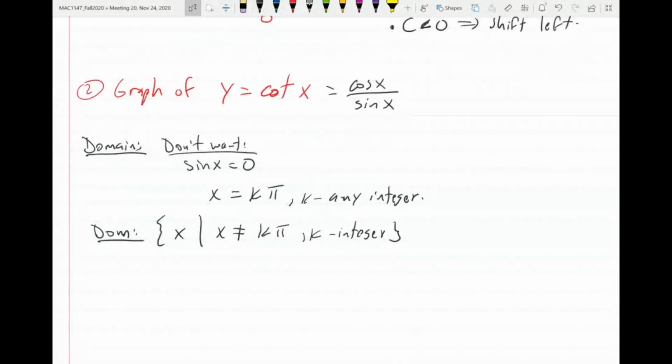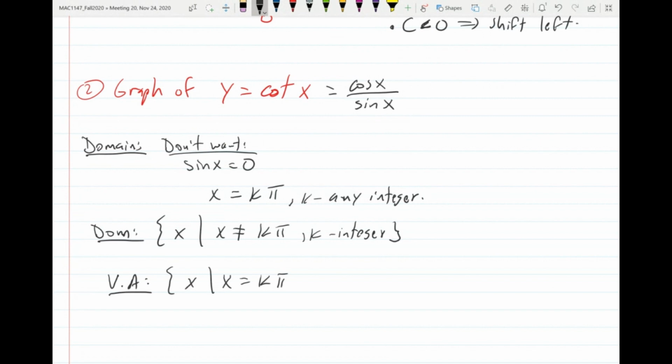And at this point, we're going to have vertical asymptotes, okay? So all x's such that x equals k pi. These are the equations of our vertical asymptotes. So let's quickly figure out the behavior. We can pick a representative, let's say x equals 0, right? So let's put our unit circle here.